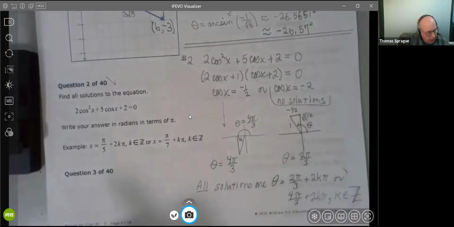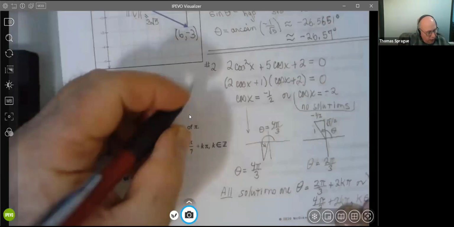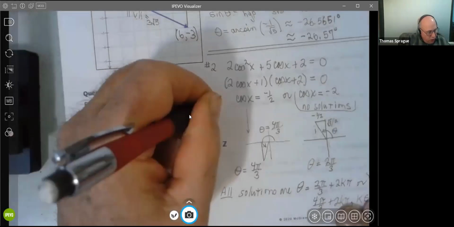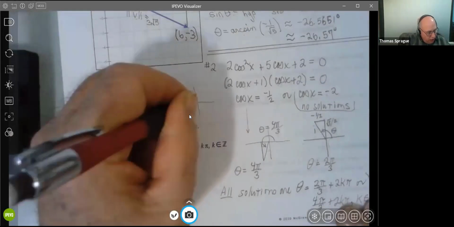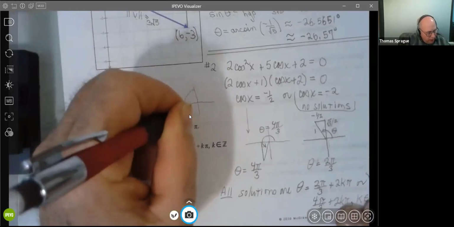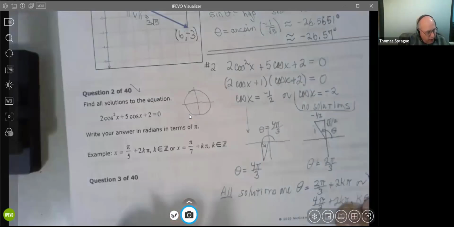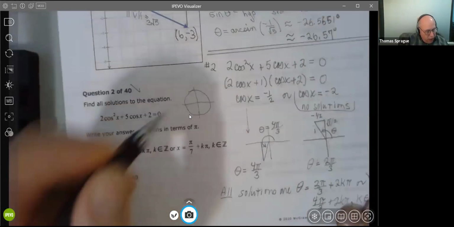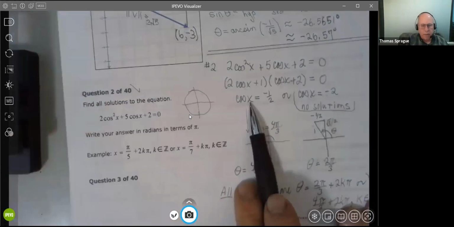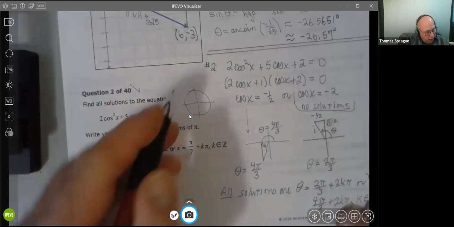Another way of thinking about these graphs is this. I'm thinking of a drawing on the unit circle. Unit circles are not my specialty. Anyway, on a unit circle, what I want is the cosine of x to be minus a half. The cosine is the x coordinate.